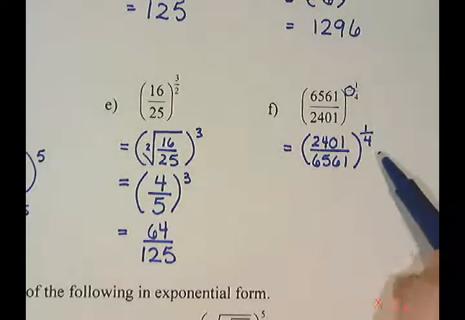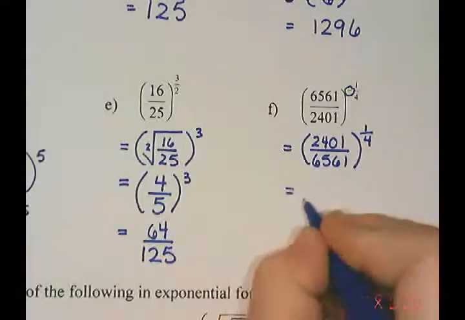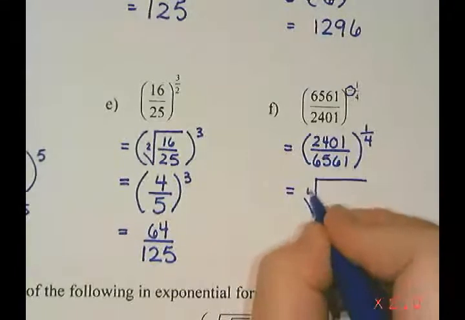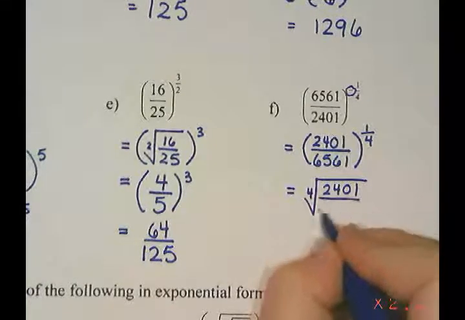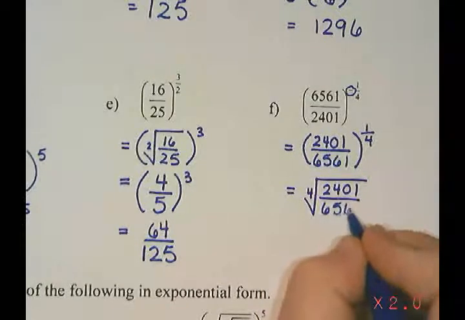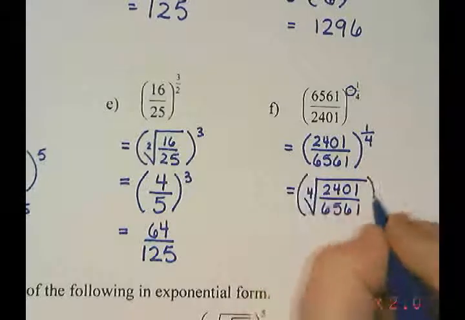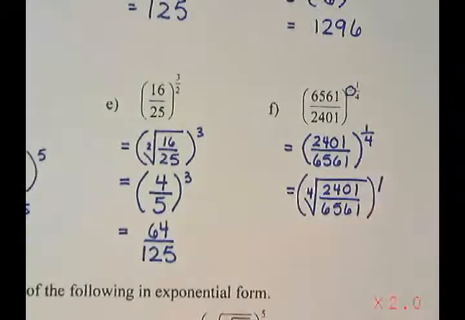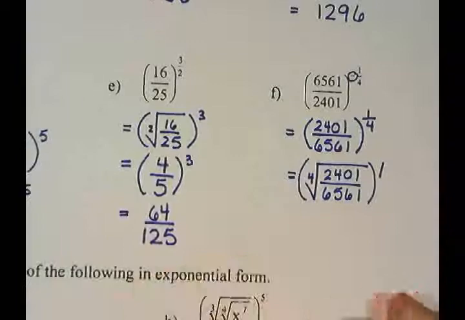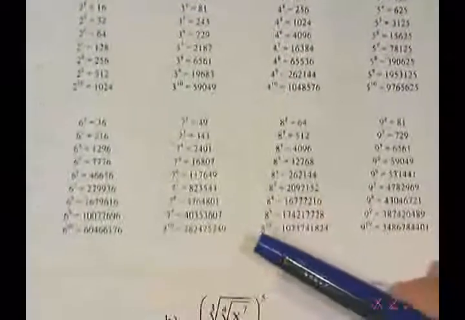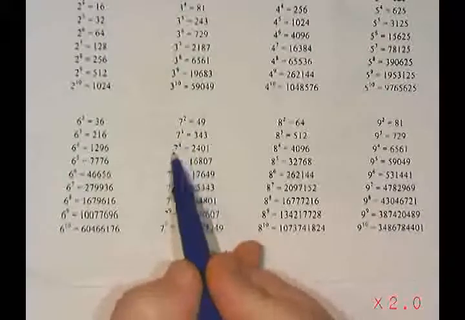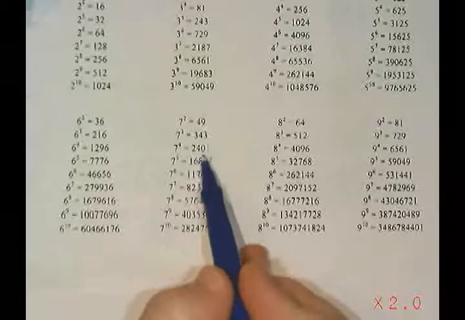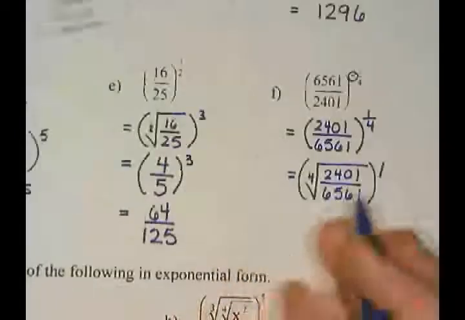All right, and then I'm going to write this as a root. This is going to be the 4th root of 2,401 divided by 6,561, all to the power of 1. Now the 4th root of 2,401, I could use my calculator, but I'm going to look on here at the powers of 4, and I notice that 7 to the power of 4 is 2,401, so that's going to be 7.